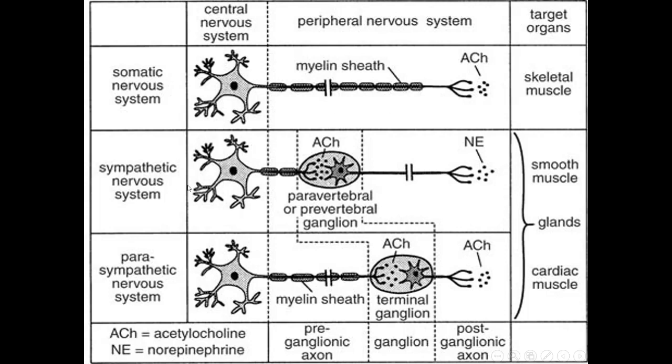The autonomic nervous system has two parts, sympathetic and parasympathetic, in the lateral part of the gray matter of the spinal cord.